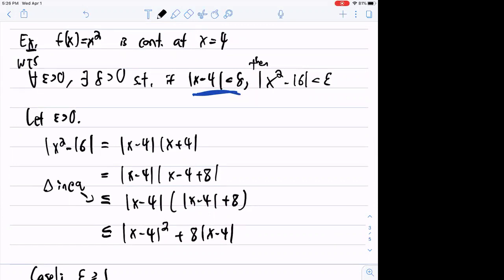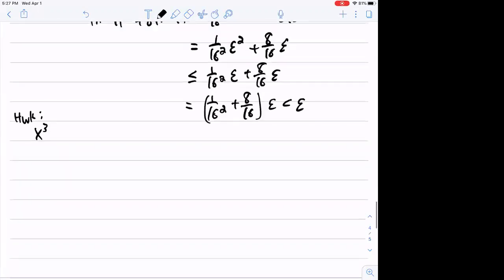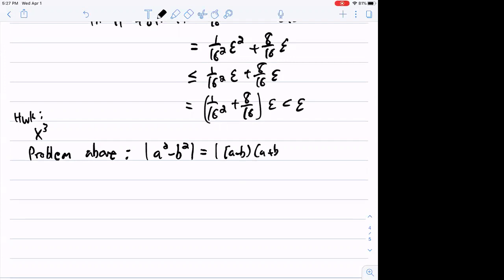When you see x squared minus 16, you ask yourself, how can I get x minus 4, the thing in the blue line? For the problem above, I used the fact that a squared minus b squared is a minus b times a plus b.